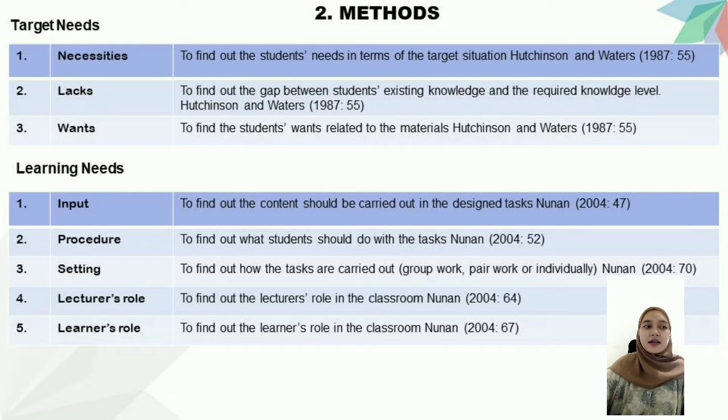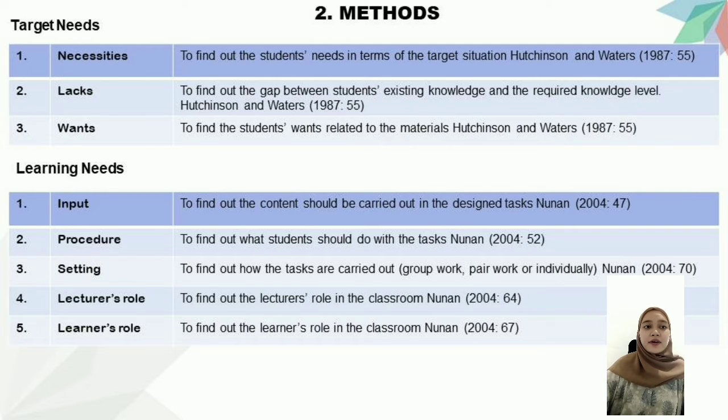Number one, it is necessary to find out the students' needs in terms of the target situation. The second, to find out the gap between students' existing knowledge and the required knowledge level. The third, to find the students' wants related to the material. The fourth, to find out the context that should be carried out in the design task.